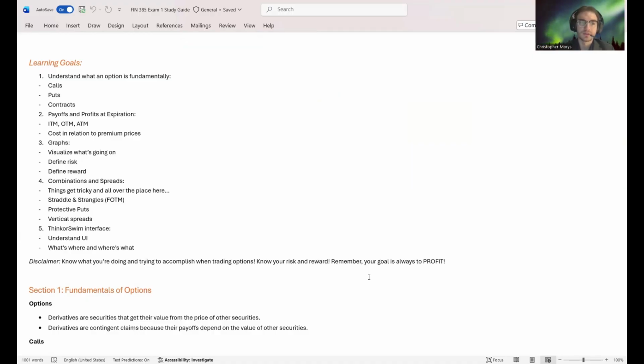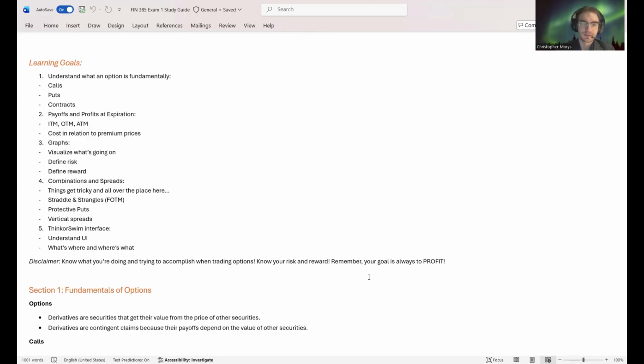Our second learning goal is payoffs and profits at expiration. So what do the terms in the money, out of the money, and at the money signal? We also need to understand the option's cost in relation to premium prices.